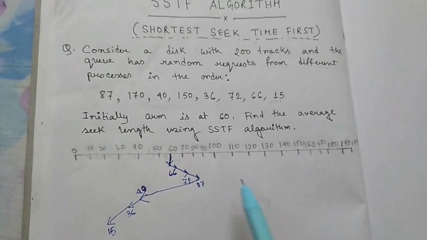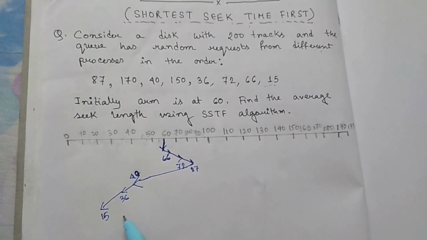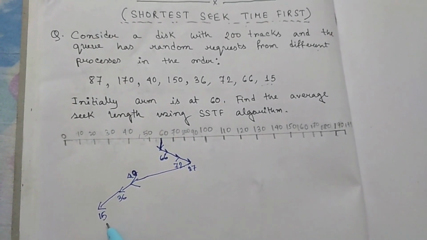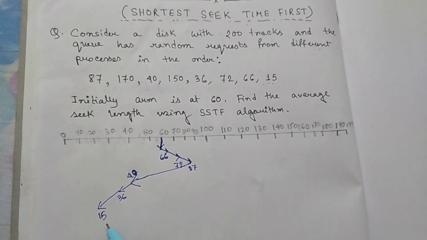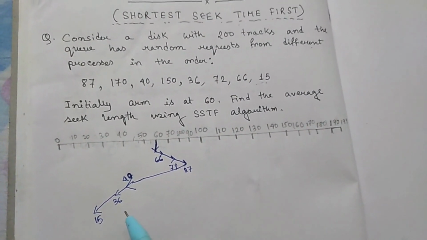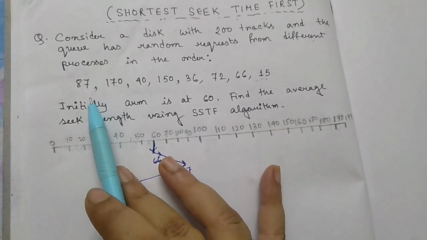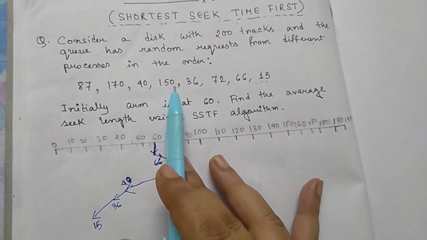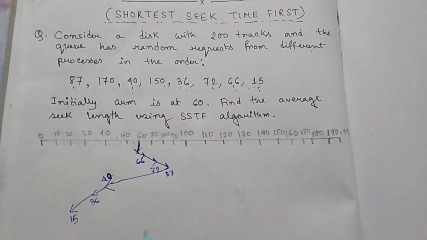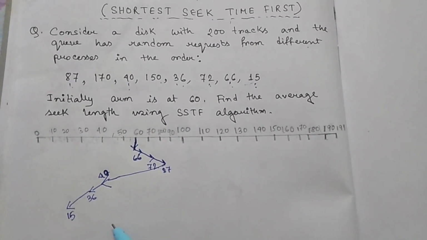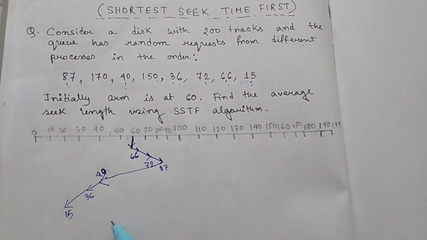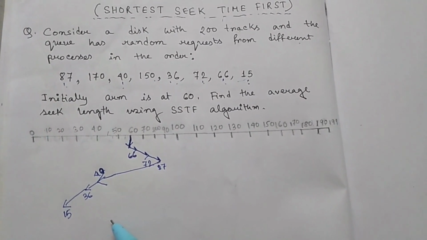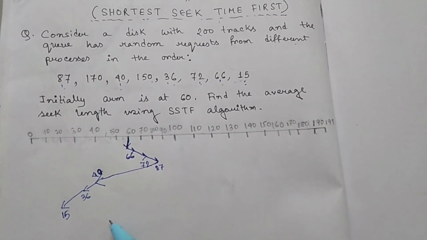Next we find the next nearest job of 15. Now in this queue we see 87, 40, 150. When we calculate the nearest job of 15, in that case we have to recheck the queue.